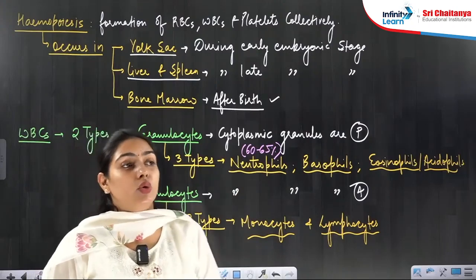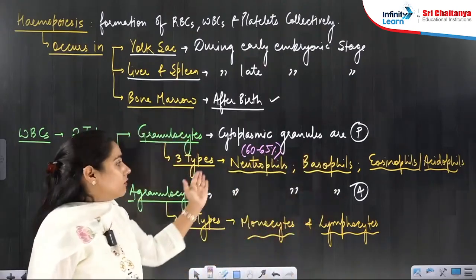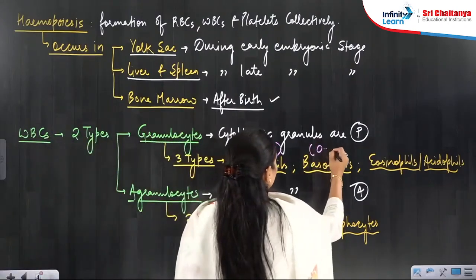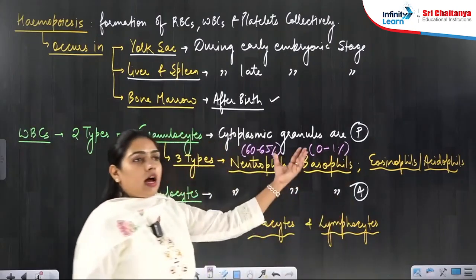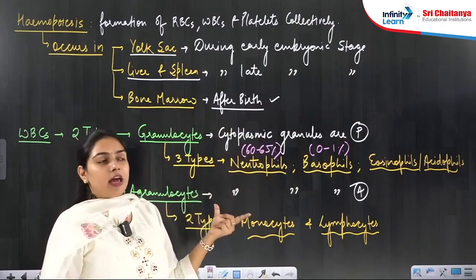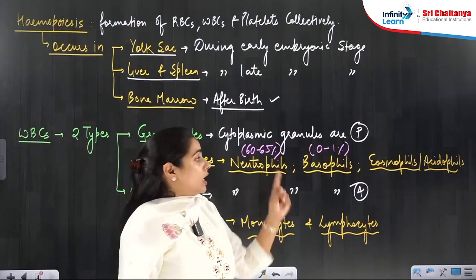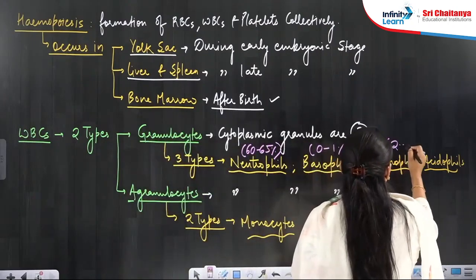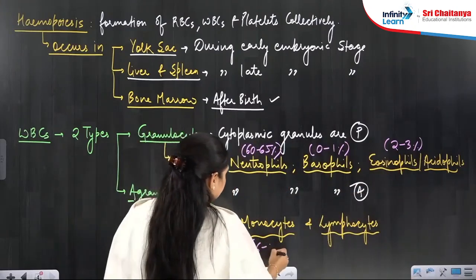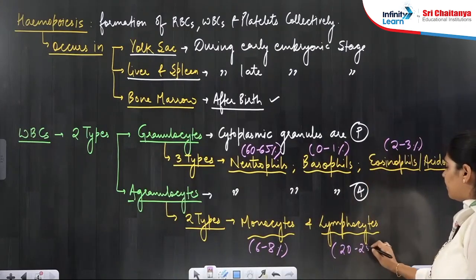If somebody will ask you which of these is least abundant, it is basophil, 0 to 1%. Among the total WBCs, 60 to 65% is neutrophil, 0 to 1% is basophil, then 2 to 3% is eosinophils, 6 to 8% is monocytes, and 20 to 25% is lymphocytes, beta.